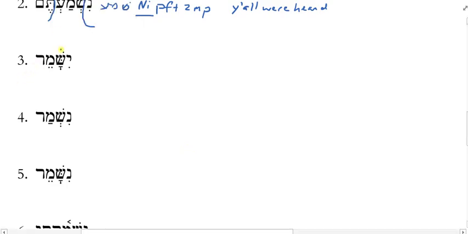Yes, shamar. And what do I have preceding the shin? I have a yod. Now, is that a Nifal prefix, like the kind of prefix that indicates a Nifal stem? No, because the Nifal stem's prefix is what? It's a nun, okay?